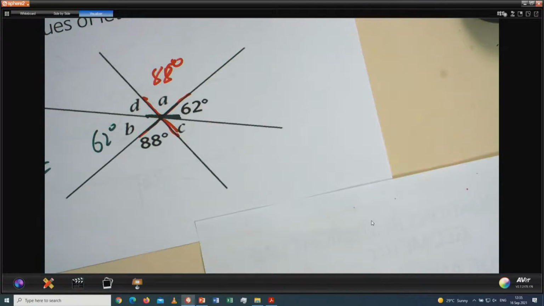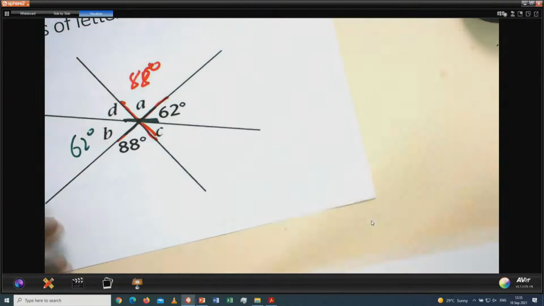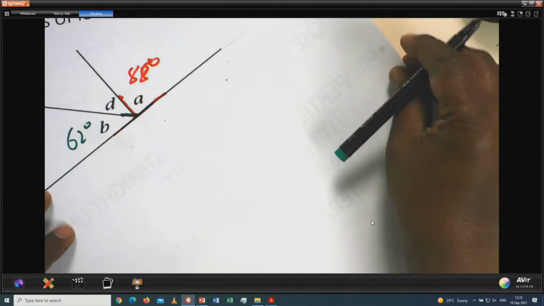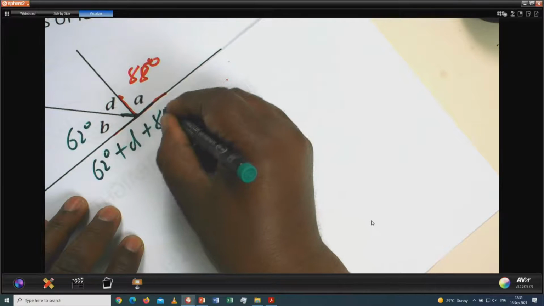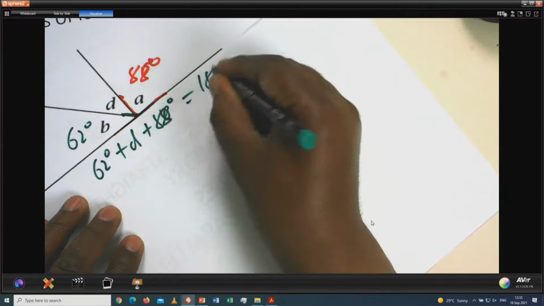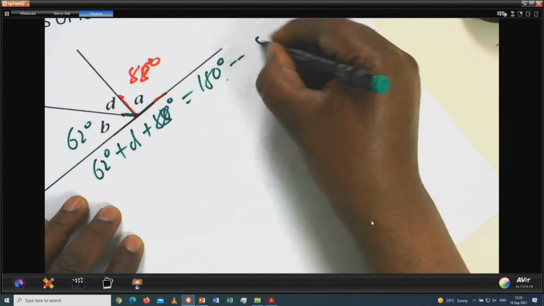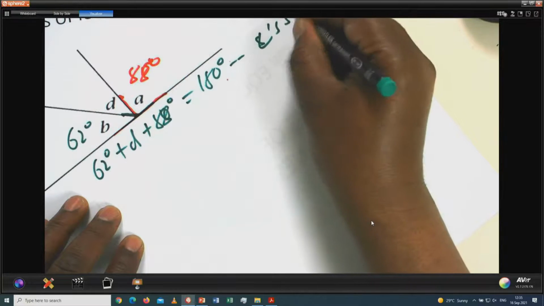Then your mathematics comes in handy. Now this is where you use your mathematics as a tool. You say, okay, this is a straight line. 62 degrees plus D plus 88 degrees should give you 180 degrees. Why? Angles on a straight line. We know that already.